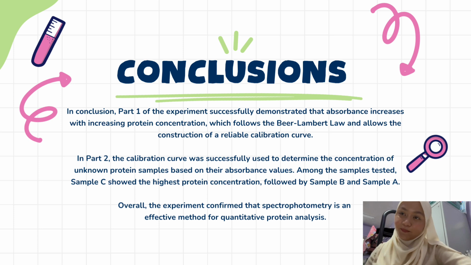In conclusion, part 1 of the experiment successfully demonstrated that absorbance increases with increasing protein concentration, which follows the Beer-Lambert law and allows the construction of a reliable calibration curve. In part 2, the calibration curve was successfully used to determine the concentration of the unknown protein samples based on their absorbance values.